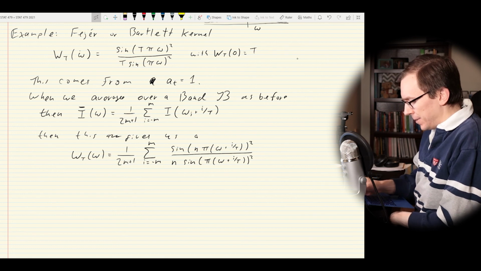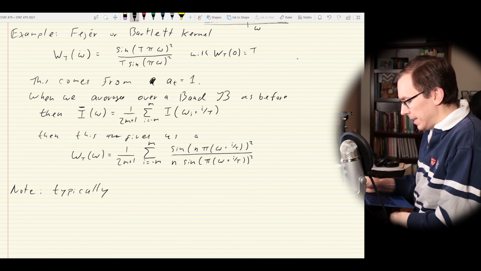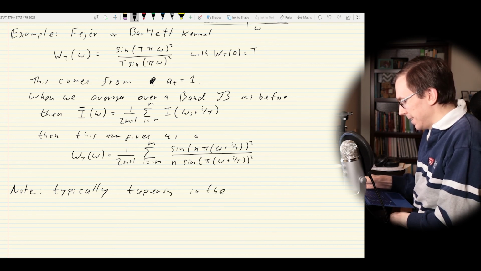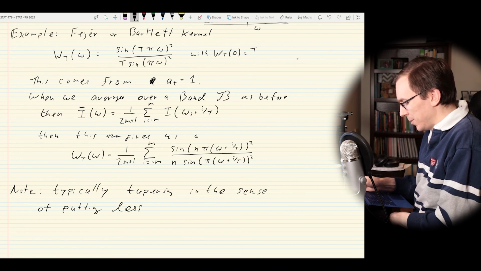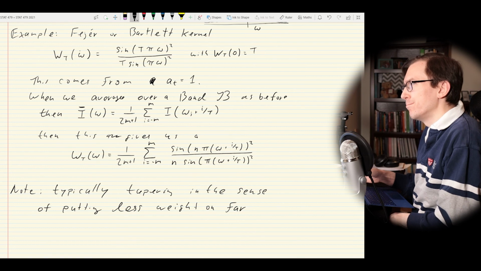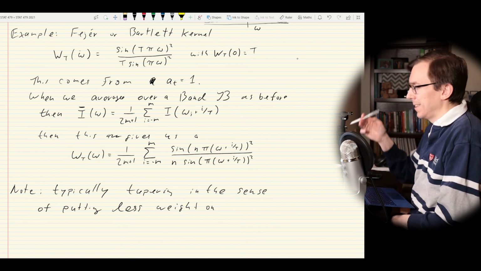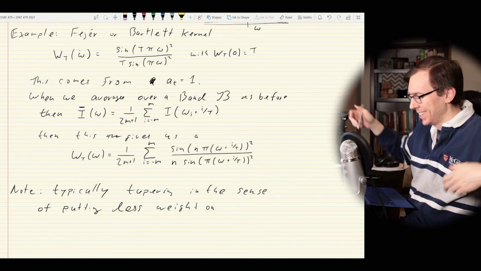But of note, we note that typically tapering, in the sense of putting less weight on far, how do I even describe this? I guess it's like time points that are not near the center.